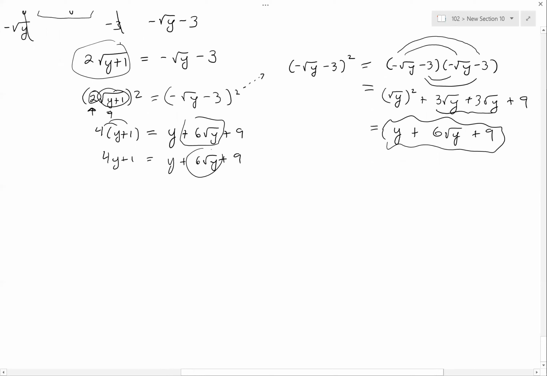Now to isolate that radical, I'm going to subtract the 9 and subtract the y from both sides. On the left-hand side, I'll end up with 3y minus 8. On the right-hand side, I'll have what I wanted to isolate.